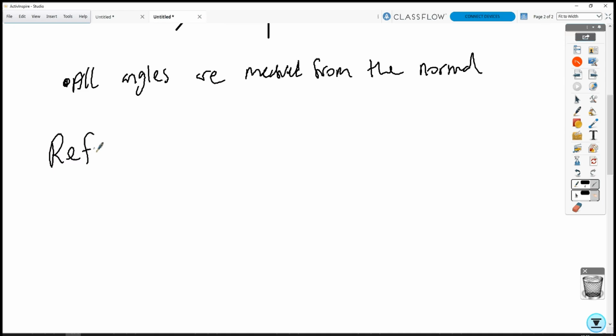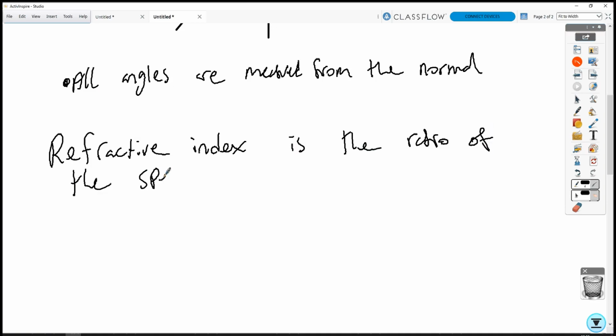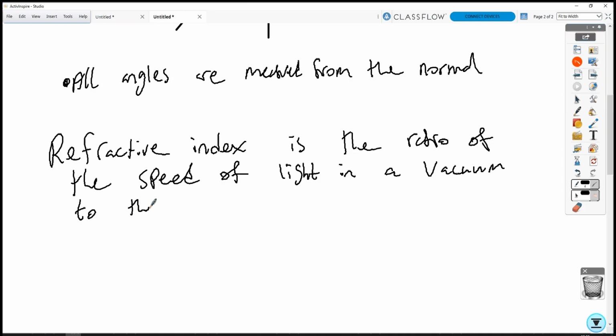So let's write this down. The refractive index is the ratio of the speed of light in a vacuum to the speed of light in the substance.